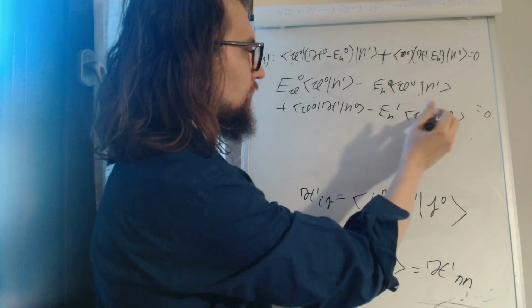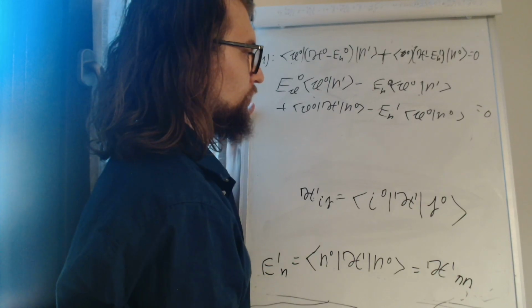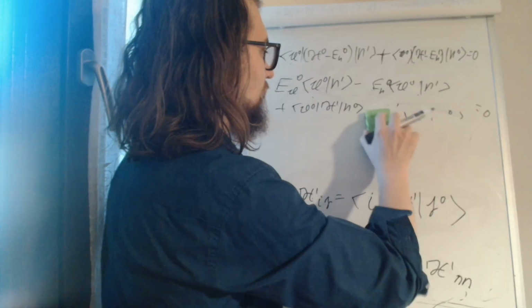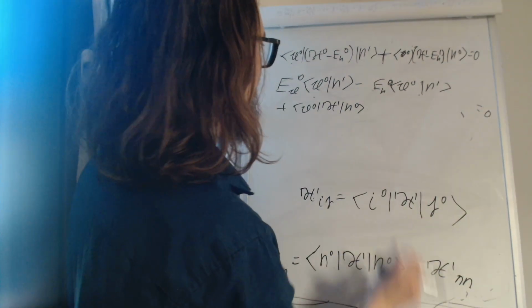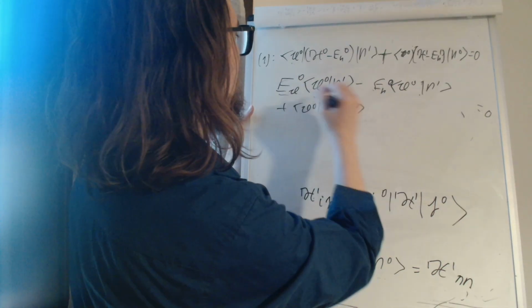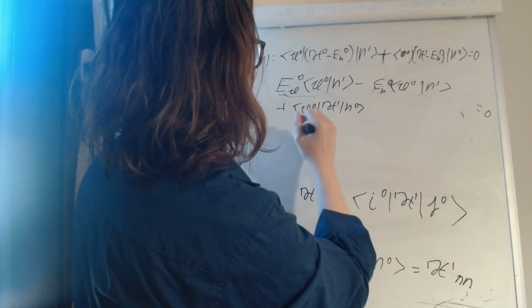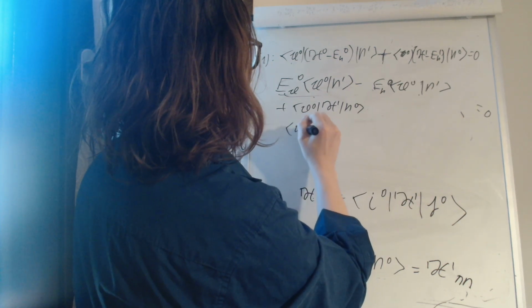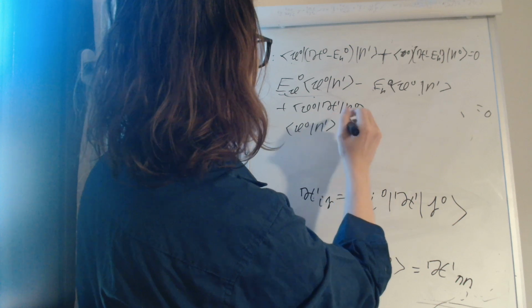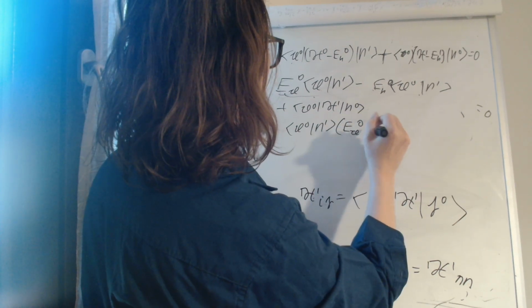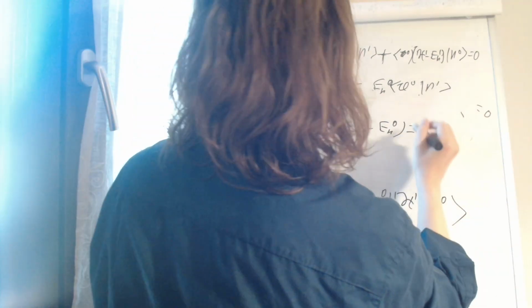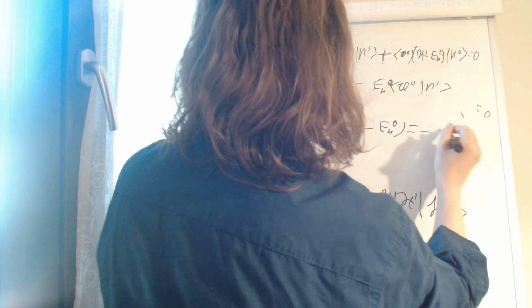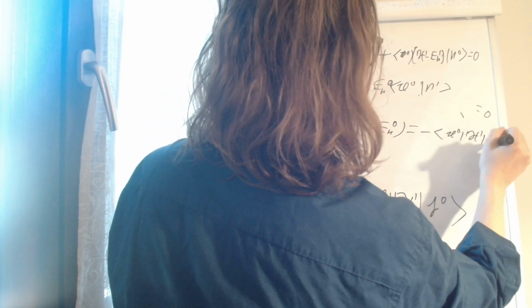But remember that k0 and n0 are orthogonal, and so this cancels out and we are left with these three terms, and we can put together these two terms, so we get k0 n1 times ek0 minus en0 equals minus k0 h1 n0.